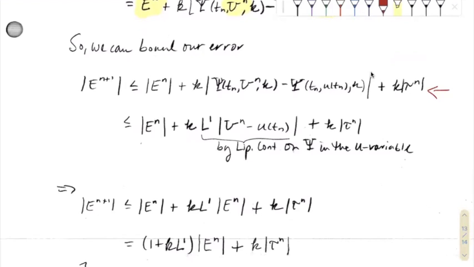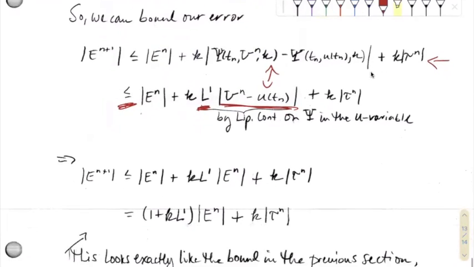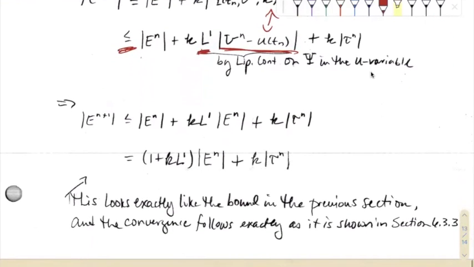And then from there, I'm again looking at my Lipschitz constant. So that means that the difference between these psi's in absolute value will be less than or equal to the Lipschitz coefficient times the difference in the u values. This is exactly the same thing that we were doing before. And so what you get down to is really the same thing that we were doing before.